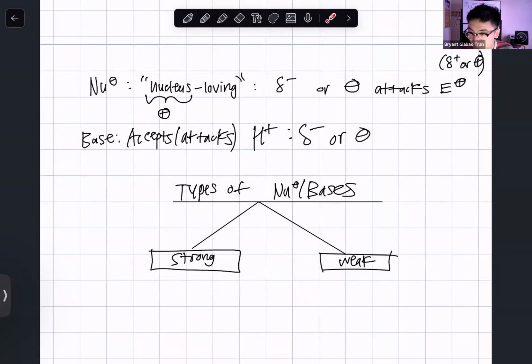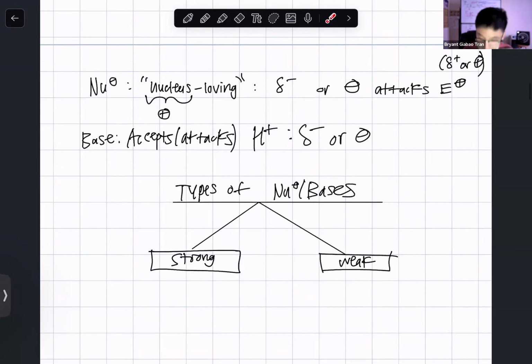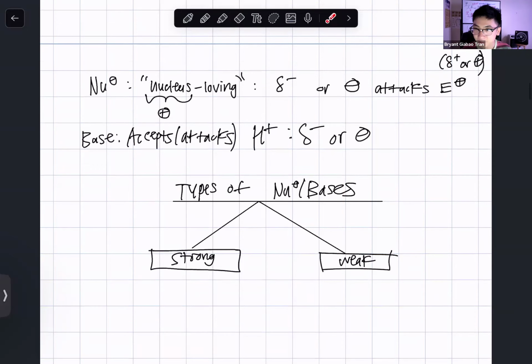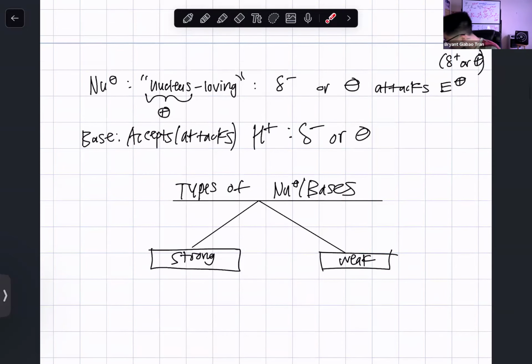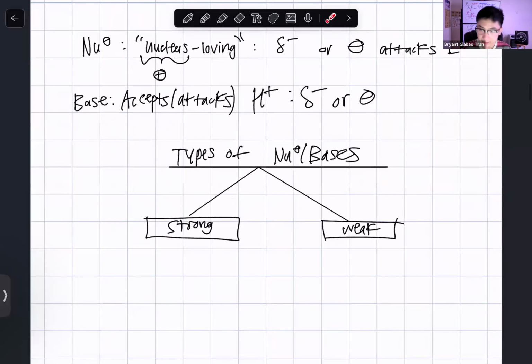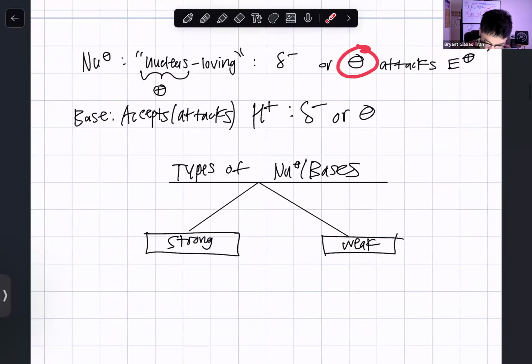Yeah, SN stands for substitution, and E stands for elimination. So something that is negatively charged will be a stronger nucleophile than something that is neutral charged, right? Because it has more electrons.